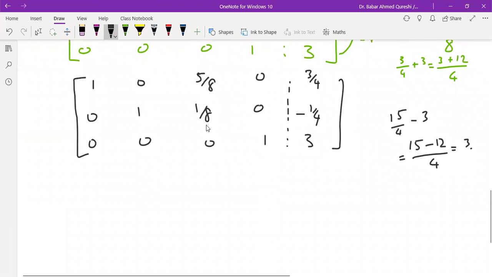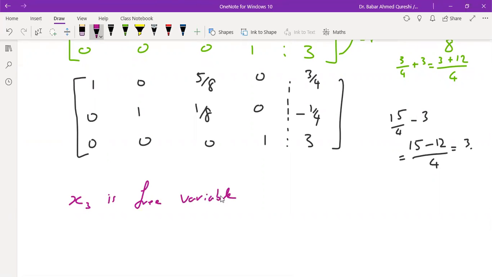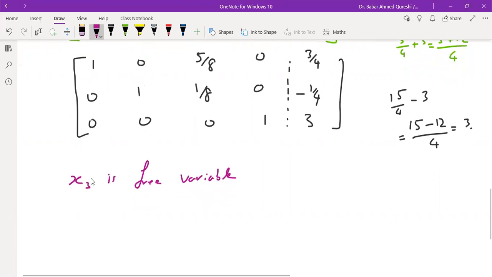So then I see that x3 is a free variable. And I can directly write the solution.